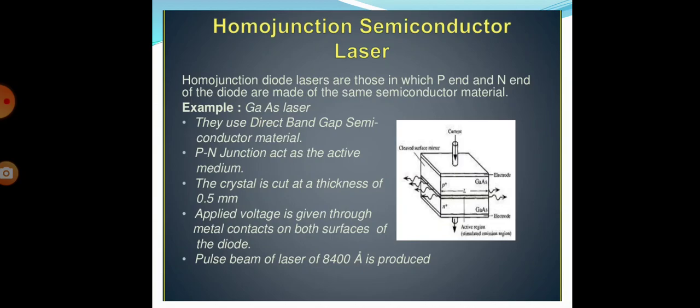They use direct band gap semiconductor material. The PN junction acts as an active medium. The crystal is cut at a thickness of 0.5 millimeter. Applied voltage is given through a metal contact on both surfaces of the diode. A pulse beam of laser of 8400 Angstrom is produced.